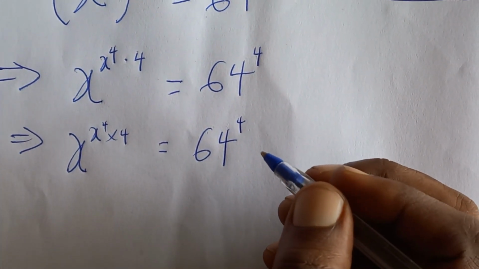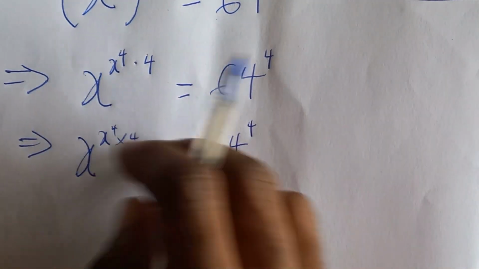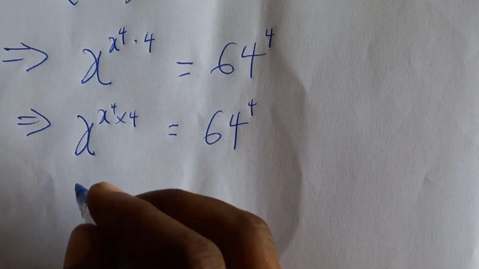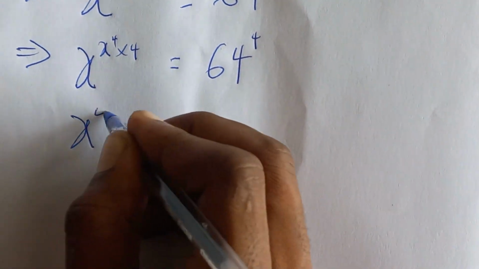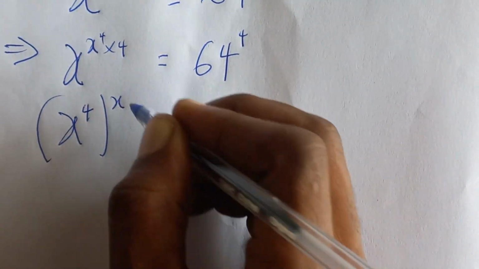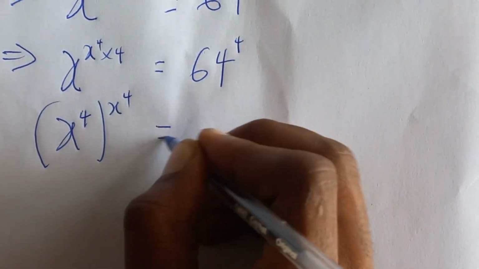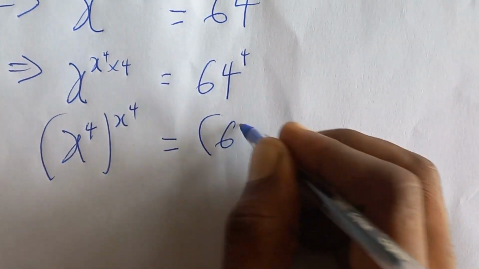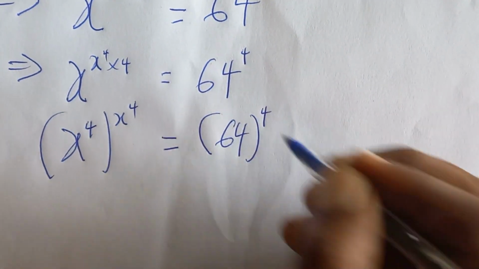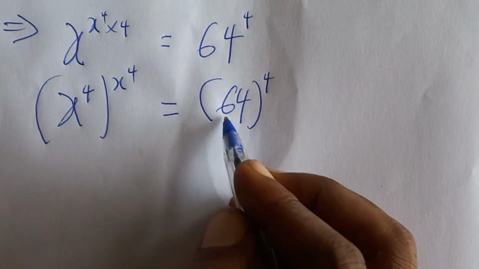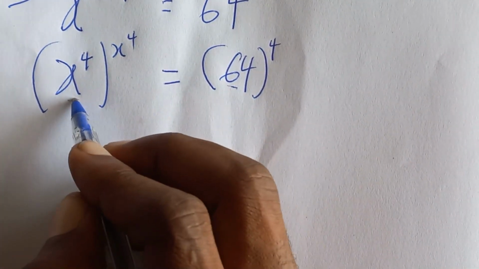Okay, so we can rewrite this expression. We can get x exponent 4 into bracket x exponent 4 is equal to, let's put 64 in the bracket, 64 exponent 4, like this. Don't forget, we are expressing this to look like this one.